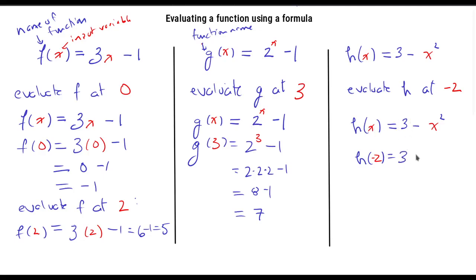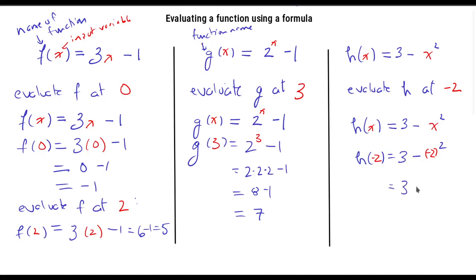So 3 stays the same, the exponent stays the same, but now x becomes a negative 2. And I'm going to put parentheses around this negative 2 because I want to make sure that the negative 2 gets squared, not just the 2. We have to be careful with order of operations when we're making these substitutions. We're replacing x by different numbers.